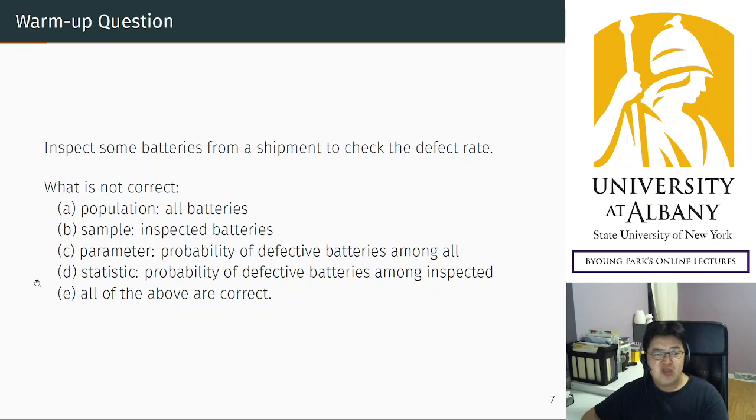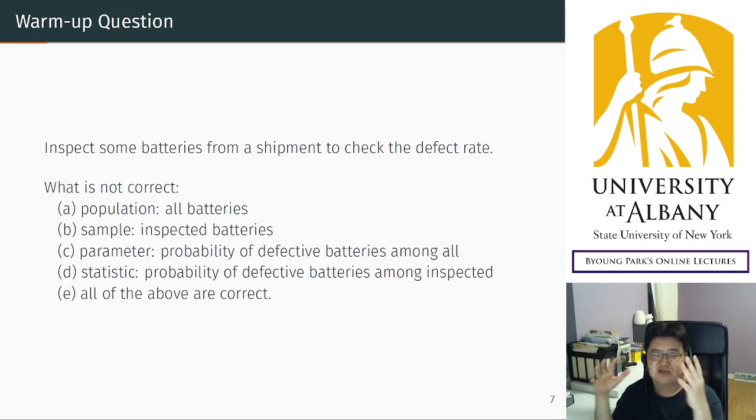So when you inspect the batteries, what you want to know is the parameter, the probability of defective batteries among all the batteries. But you cannot test all of them, so you only choose a finite number of batteries and inspect them.